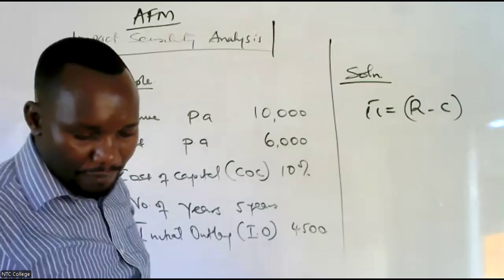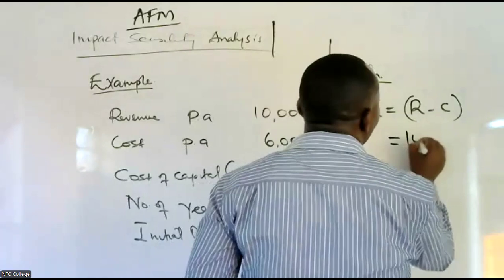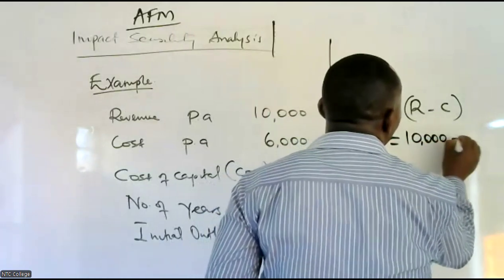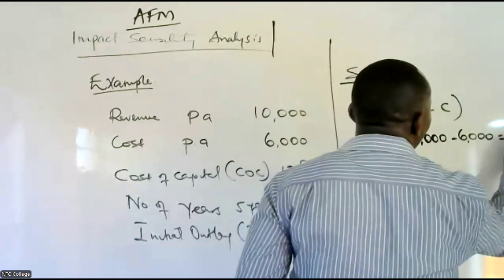So what is the profit here? We have 10,000 minus cost, which is 6,000. We shall have our profit as 4,000.